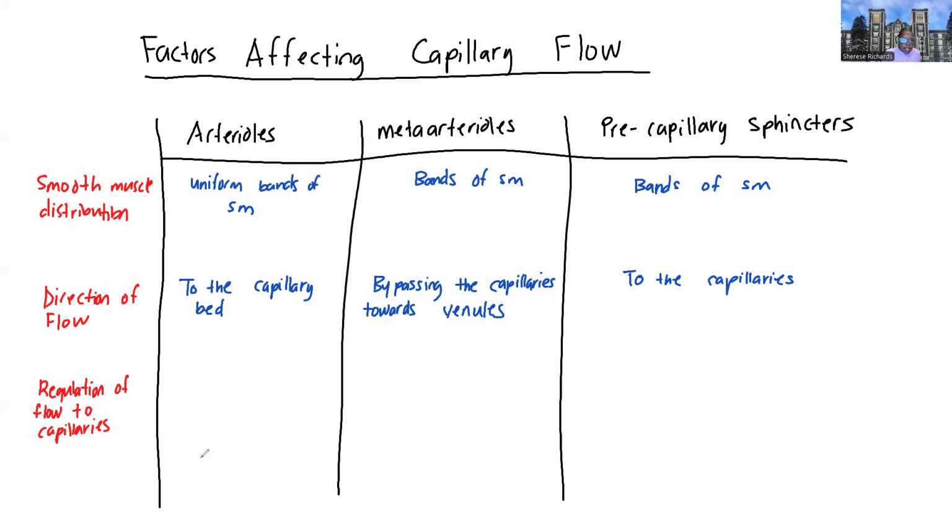And then if you look at their regulation of flow, what happens when they contract and relax? That's kind of the important point we want to make here. So contraction causes decreased flow here, whereas relaxation causes increased flow.